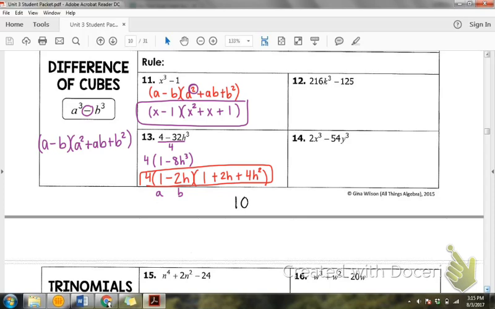Okay? Last example, let's do 14. I want you to try 14 on your own. See what you can do in 14. Try it. Be careful as you're going. If you're watching the video, go ahead and pause and try 14. Okay, what's the first thing you did on 14? It leaves you with x cubed minus 27y cubed. What did you do next?